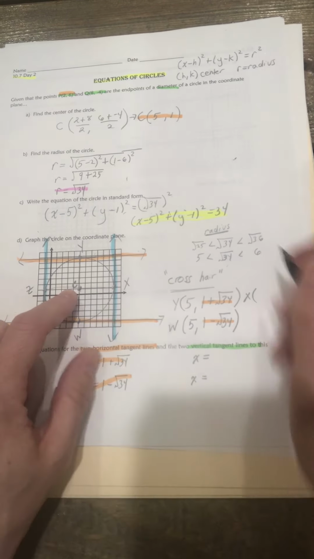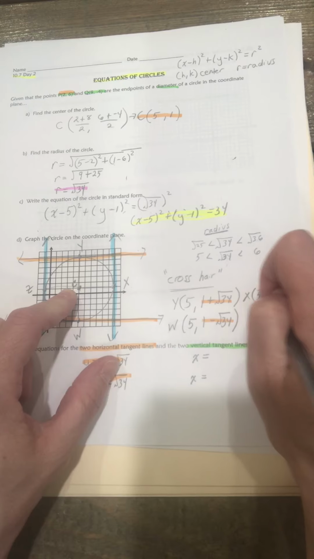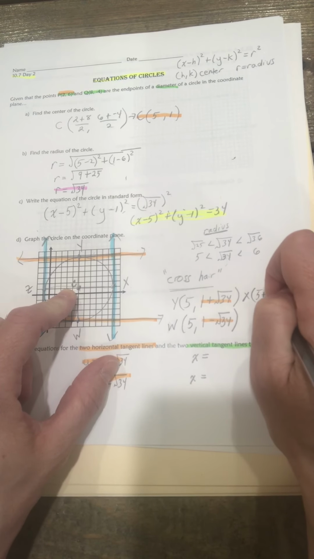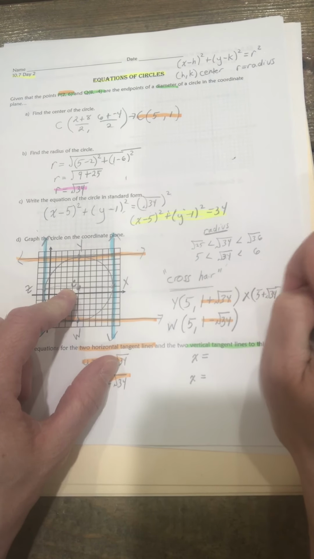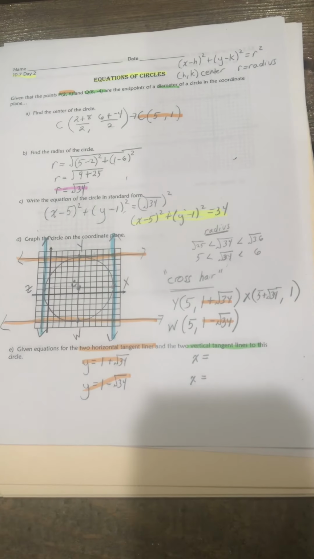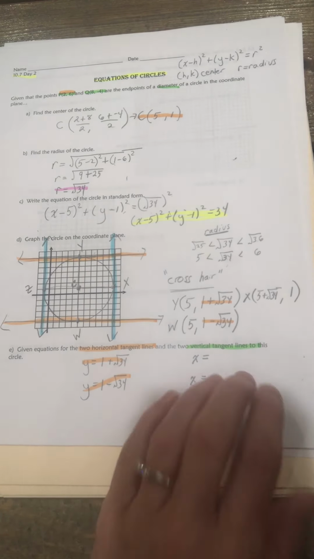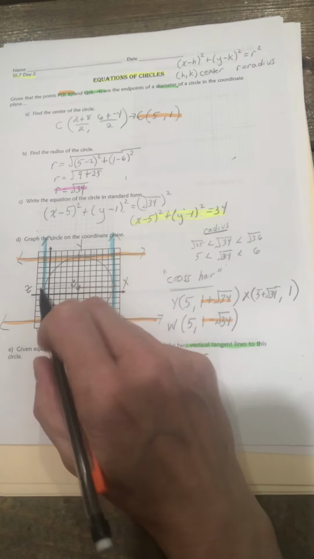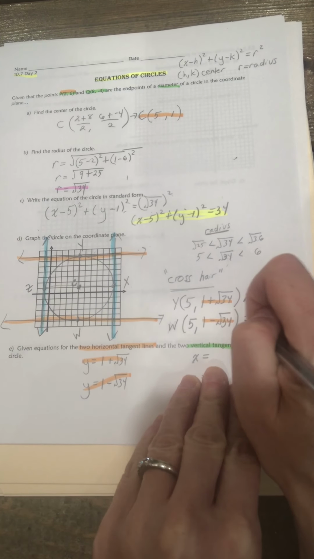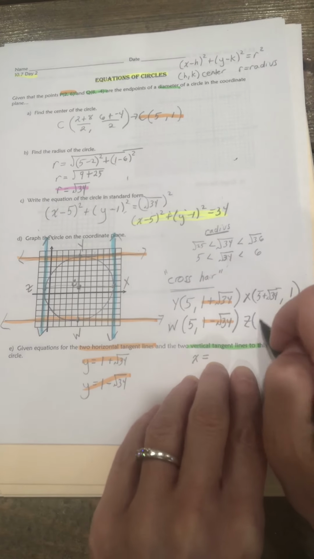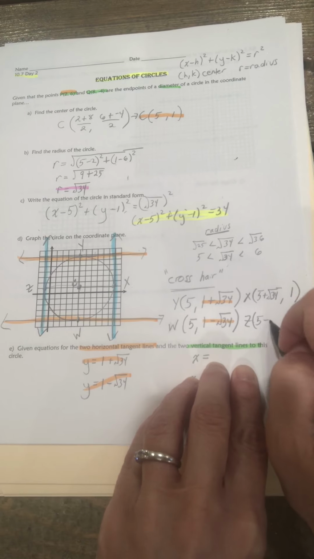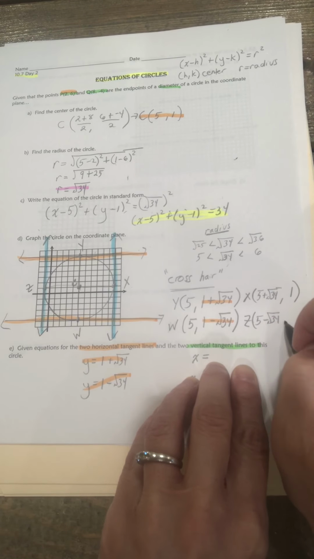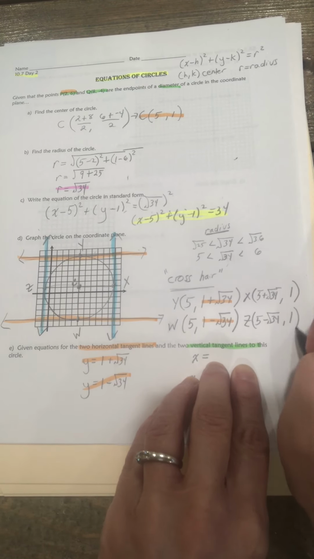If I move to the right, I'm adding the square root of 34 to my x value. So it's 5 plus square root of 34, and my y value remains the same. And the same thing, if I'm going from the center to z, I subtracted square root of 34 from my x value. So it's 5 minus the square root of 34, and my y value stays the same as 1.